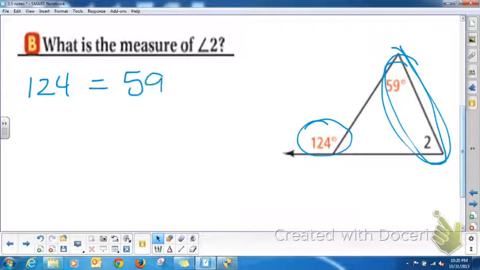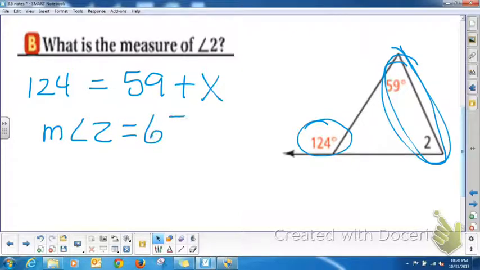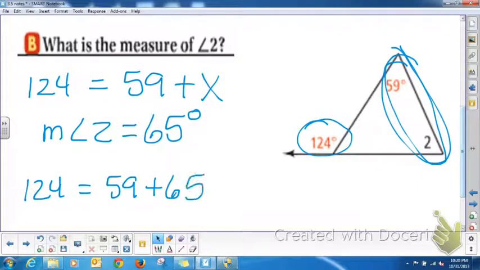So 59 plus x. You would use your subtraction property here and say 124 minus 59 to get that this interior angle, the measure of angle 2, is equal to 65 degrees because 124 is equal to 59 plus 65.